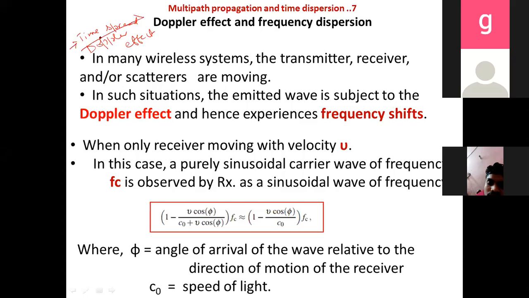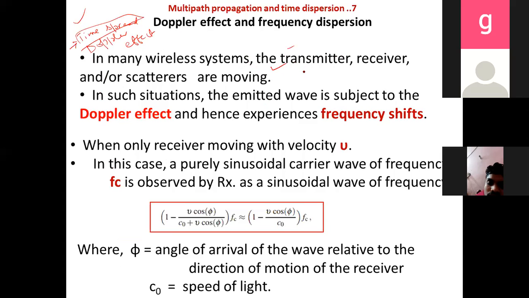Time spread we have seen with a numerical example, how the received signal is getting affected, how the received signal's amplitude is changing. Phase we have not considered, only amplitude. And now let us see the Doppler effect. So in many wireless systems, the transmitter, receiver, and scatterers are moving.